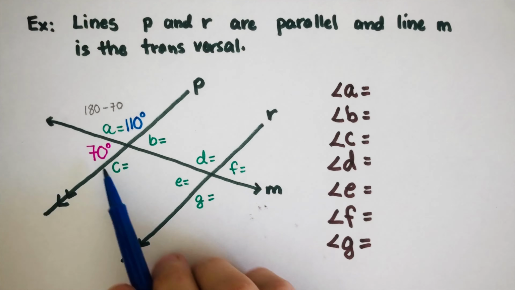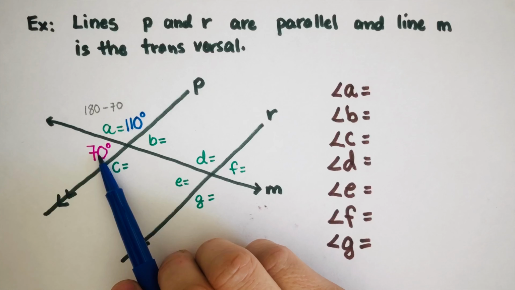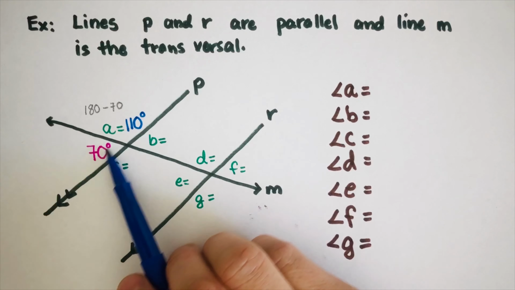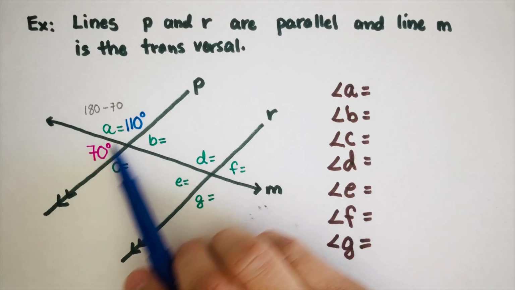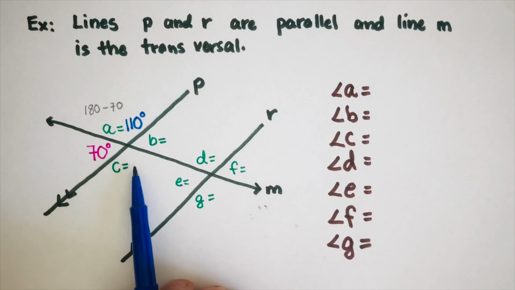Now we got those two. If you add 110 and 70, that is 180. Again, they should be next to each other. They are supplementary, next to each other. Or you can go the other way around.